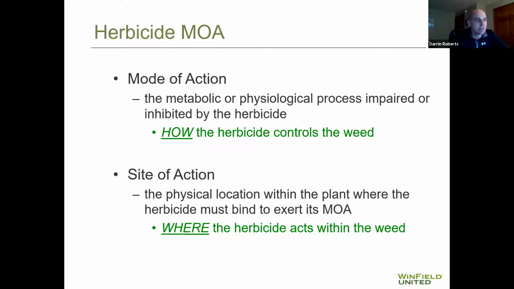A lot of these herbicides are going to shut down a specific process that's going on within the plant. A lot of the processes that are going on within a plant are triggered by different enzymes to start those processes. And so with the site of action, that's talking about the specific site on, for example, an enzyme that the herbicide would bind to stop the function of that enzyme. And so there's a little bit of a difference there between mode of action, site of action.